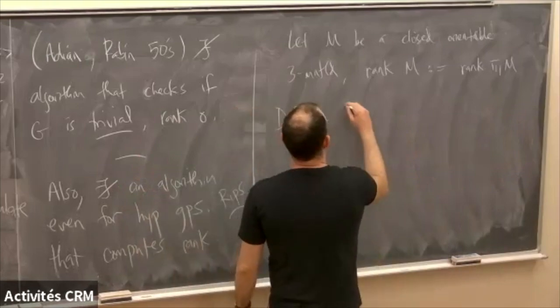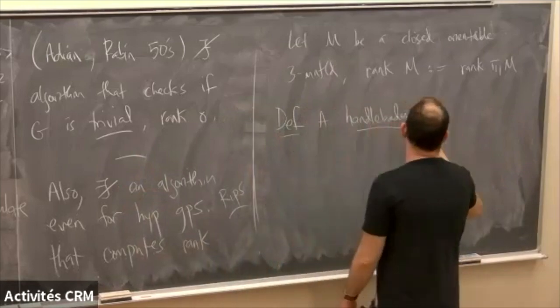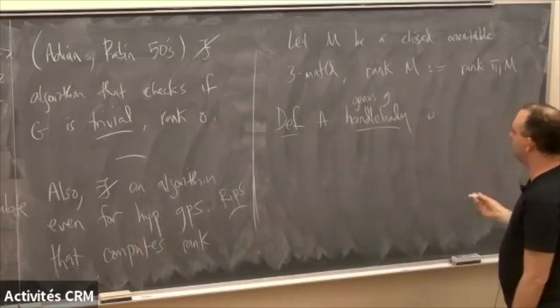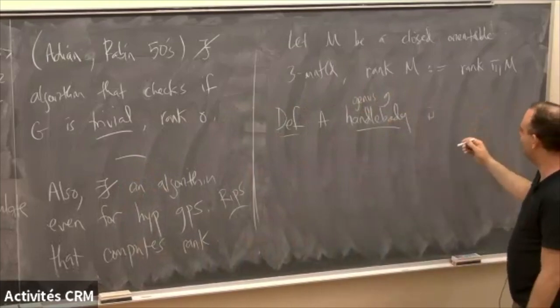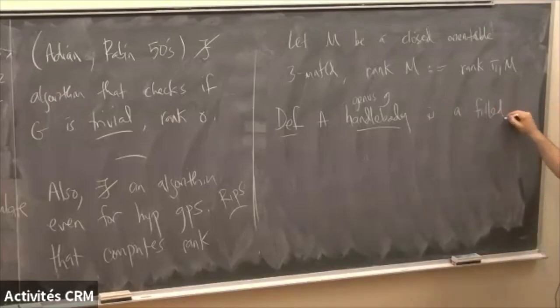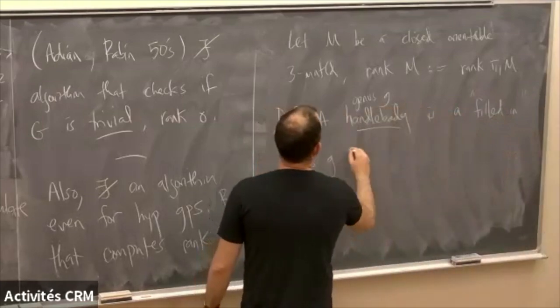First let me tell you what a handle body is. A genus G handle body, let me say it the sort of silly way: it's a filled-in genus G surface in R3.